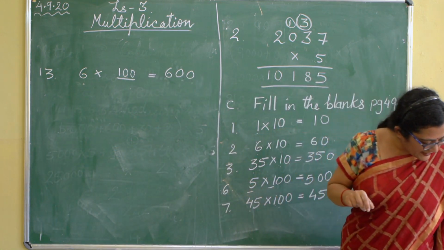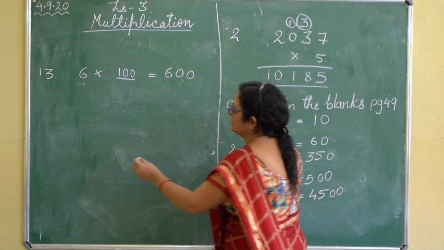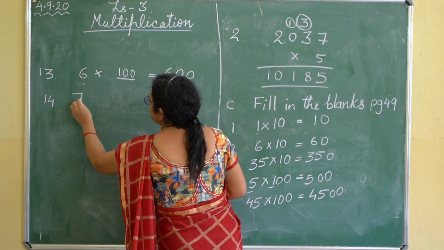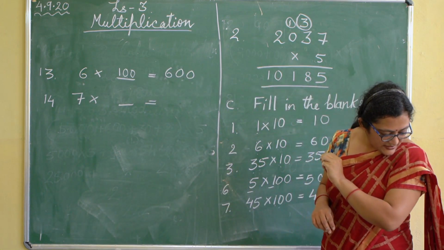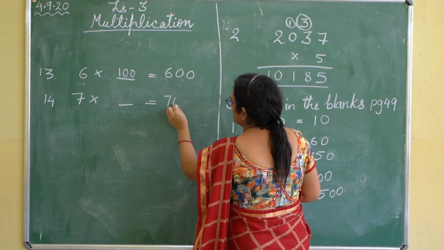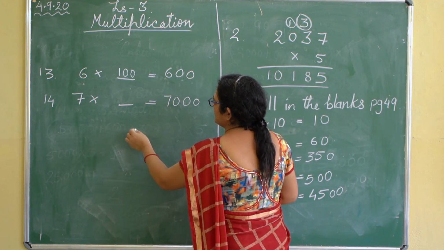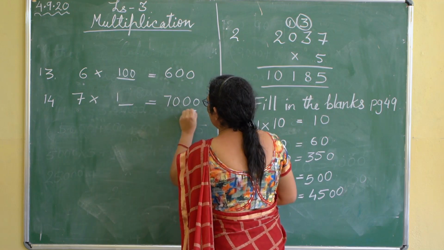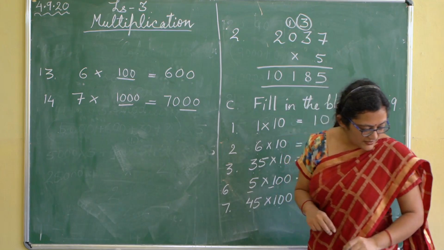Same way, the next question, question number 14: 7 multiplied by dash equals 7,000. How will you write? In the table of 7, when does the 7 come? One time. How many zeros are there? 3 zeros, so we will put 3 zeros here.